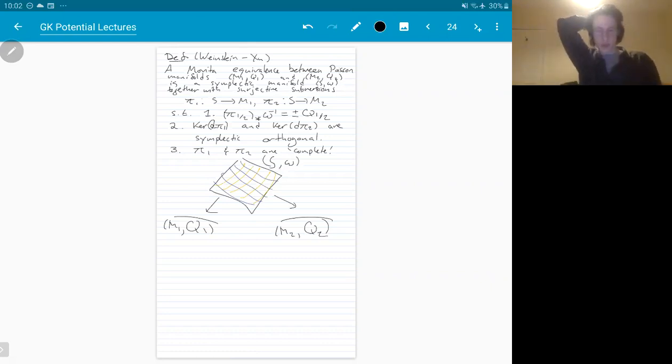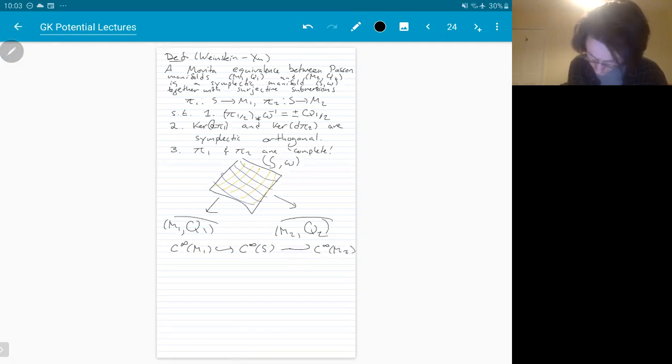So maybe I'll say a few words about how to think about what's going on. One thing you can notice is that we get these Poisson algebras embedded as subalgebras of the Poisson algebra of the symplectic manifold.